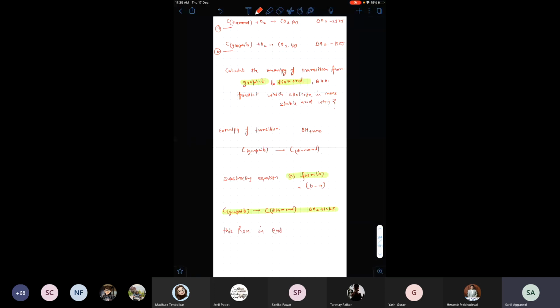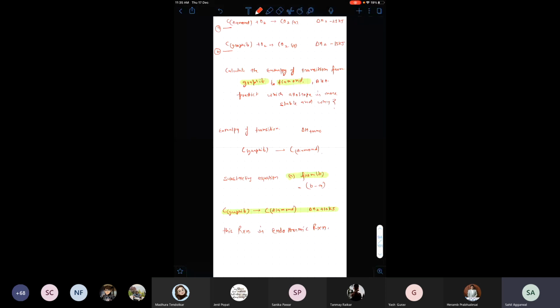Yes or no? This reaction tells us the reaction will be endothermic. Very good. You should say it like that only. This reaction is endothermic reaction.